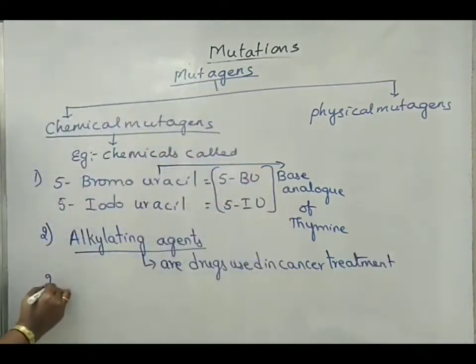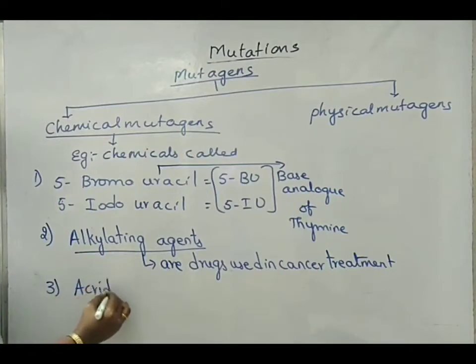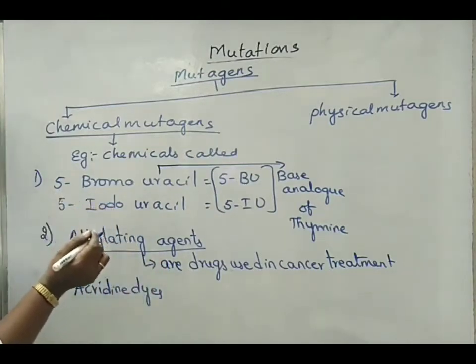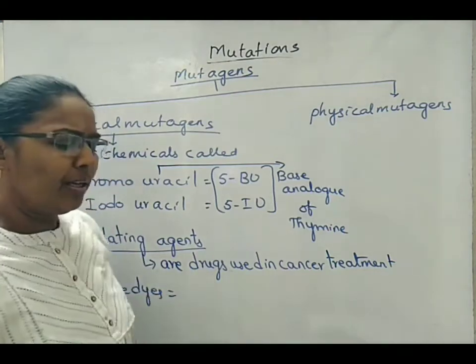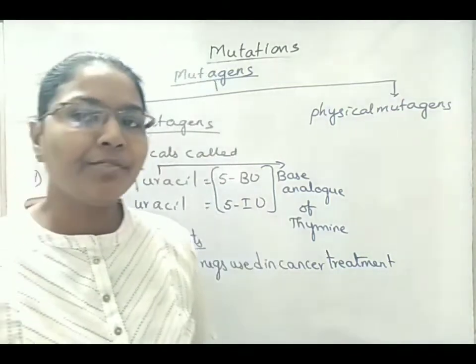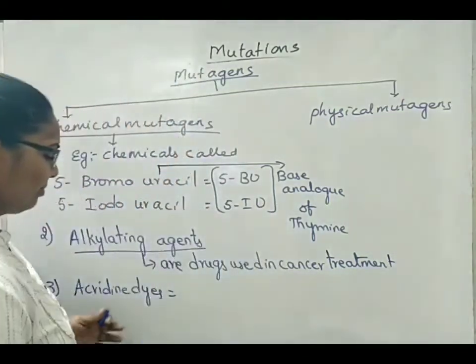Another type of chemical mutagen is acridine dyes. Acridine dyes are also chemical substances that are responsible for frame shift type of mutations.